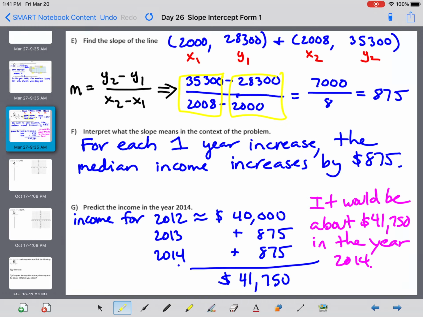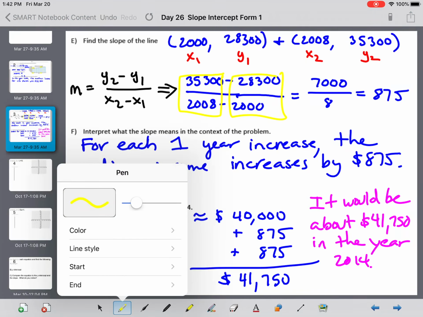And then the next pair, I have the y1 stacked on top of the x1. That always needs to be true. Sometimes people like to do the y1 and the x1 first. That's totally fine as long as you can look at this vertically and see that those two points go together. You have that x and that y coordinate going together. All right, so doing some simplifying, we end up with 7,000 over 8, which would simplify to 875. So that's the slope of our line.